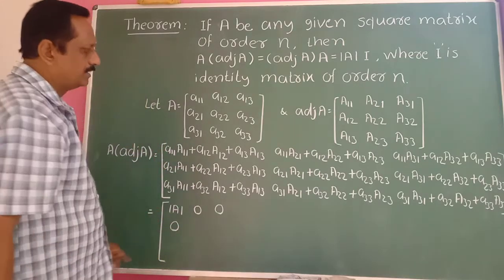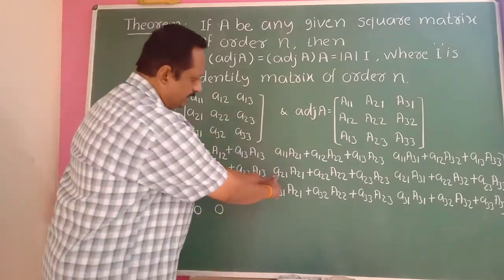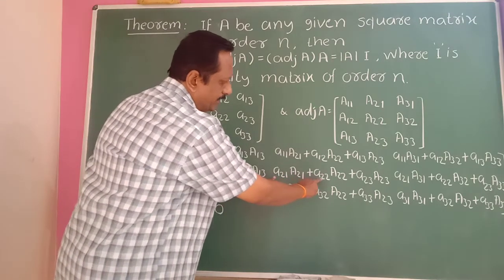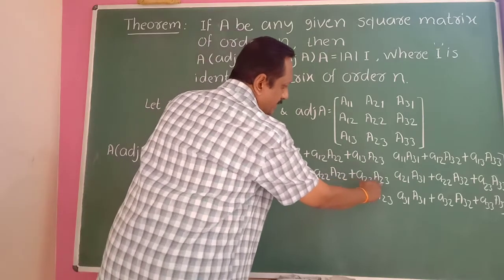Here A21 with its cofactor A21, A22 with A22, A23 with A23.